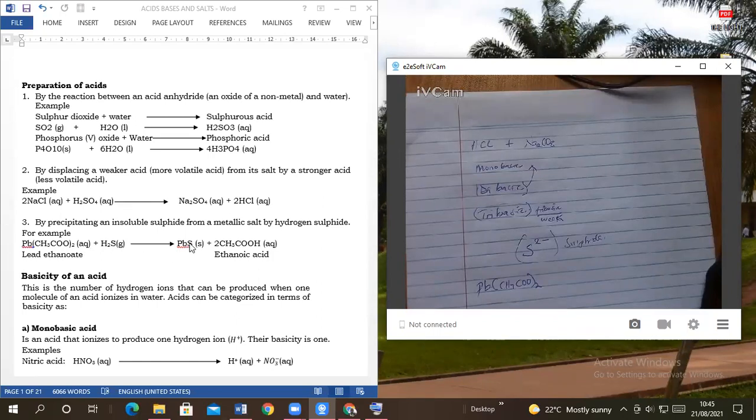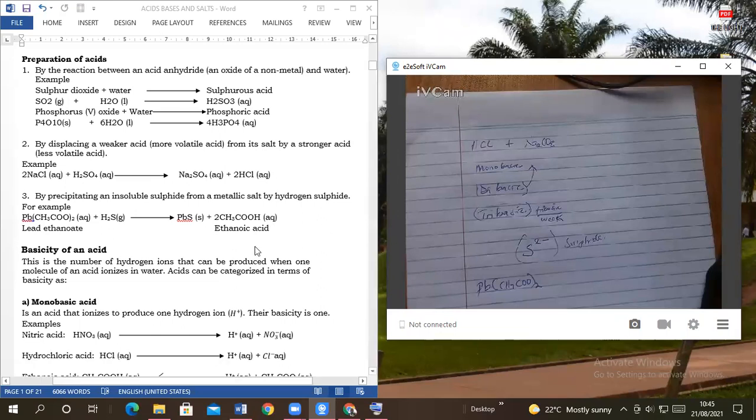You get lead sulfide, not lead sulfate, and then ethanoic acid at the end of the day. This one takes the hydrogen, and the lead takes the sulfide. So here you are forming a weak acid, which is ethanoic acid, plus this salt. That's what they are saying here.